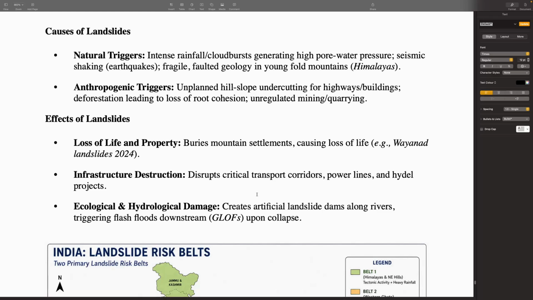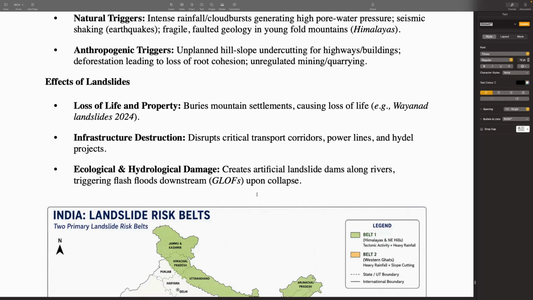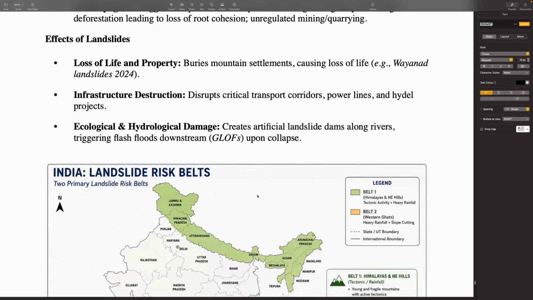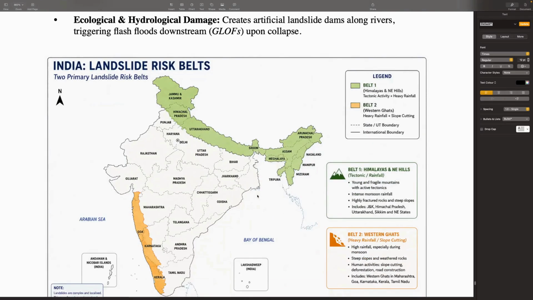Effects of landslides, loss of life and property. Buries mountain settlements causing loss of life. Wayanad landslides 2024. Infrastructure destruction disrupts critical transport corridors, power lines, and hydel projects. Ecological and hydrological damage creates artificial landslide dams along rivers, triggering flash floods downstream upon collapse.